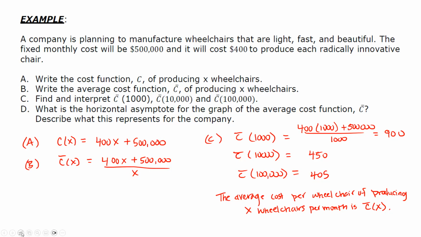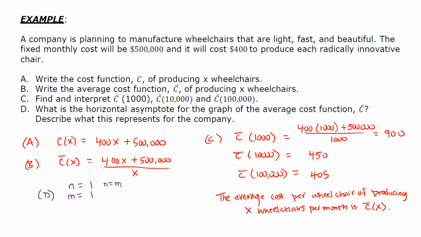And lastly, here we have D. D asks us to identify what the horizontal asymptote for the graph of the average cost function C hat would be, and then describe what it represents for the company. To find the horizontal asymptote, we need n and m. n is going to be 1, m is going to be 1.